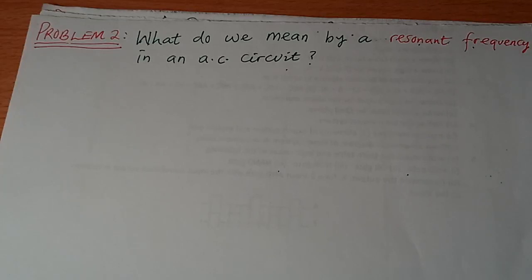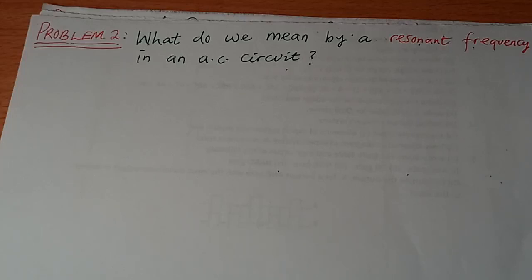And this is why maximum current flows through, because the lesser the electrical resistance offered by a circuit, the greater the current flowing through the circuit. Minimum impedance, greater current.